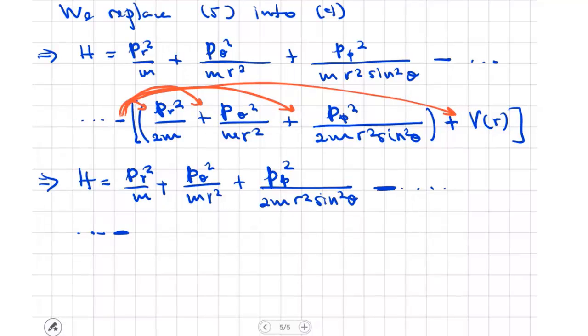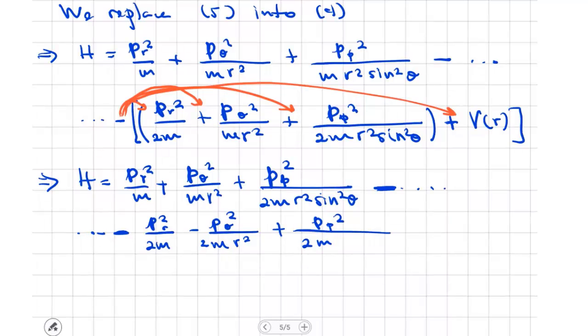So we get minus p_r squared divided by 2m minus p_theta squared divided by m r squared plus p_phi squared divided by 2m r squared sine squared of theta minus the potential.